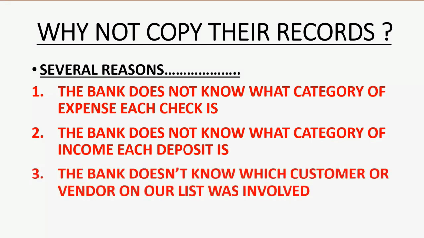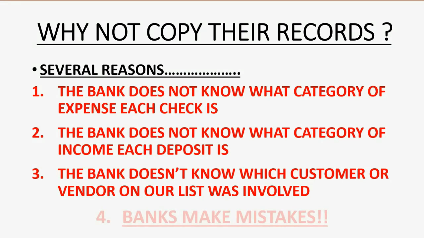The bank also doesn't know which customer or which vendor was involved in the transaction. They simply get a little text in a description field and they can't know the person. And most importantly, the main reason not to just blindly copy the bank's records into your QuickBooks Online is that the bank sometimes makes mistakes.